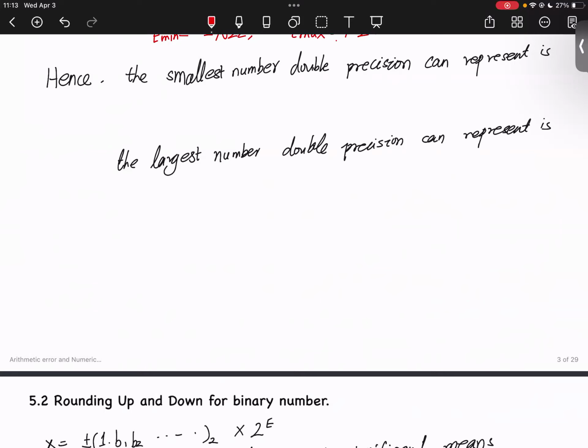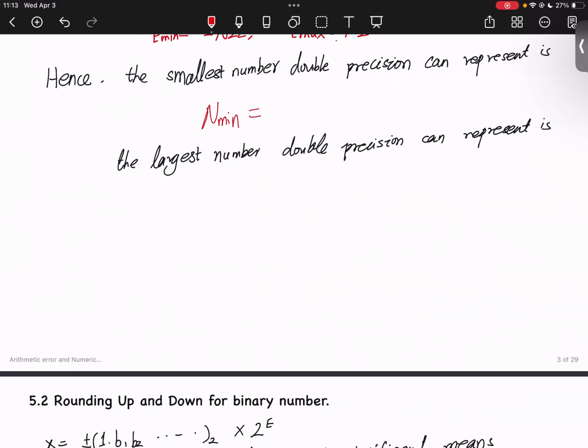Here we are going to calculate this number, just the minimum of the absolute value, the smallest number double precisions can represent.